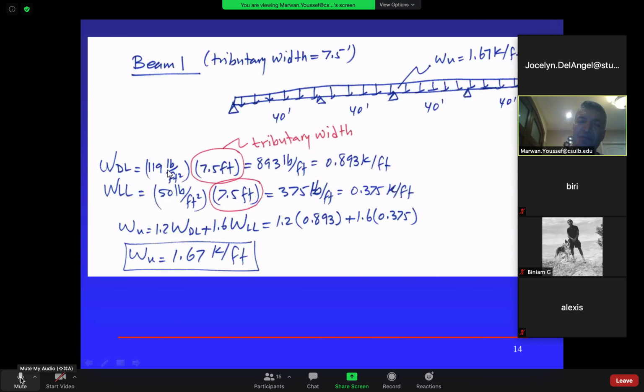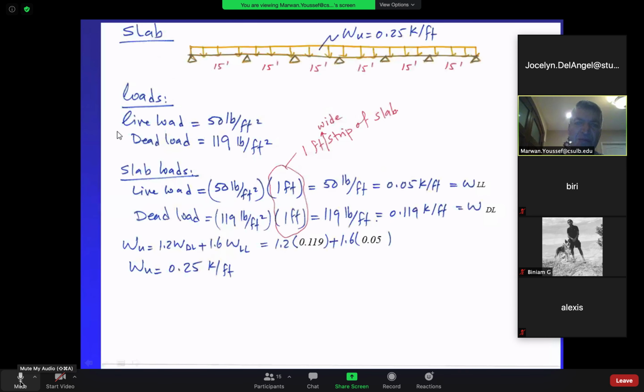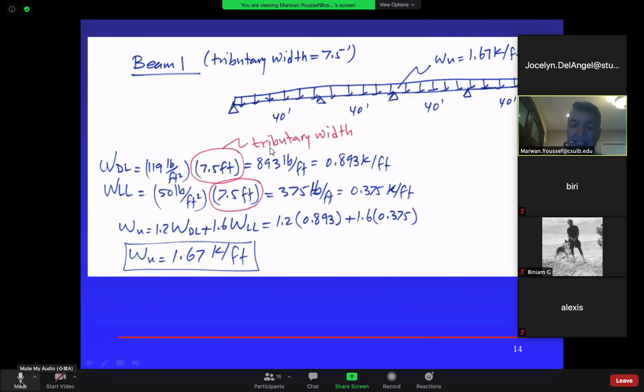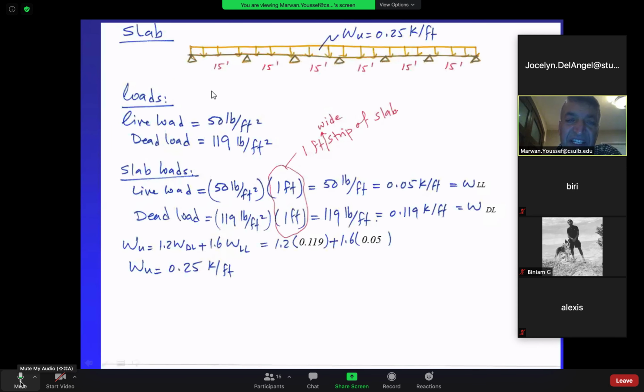See that? Because remember we did the same one, 119. So it's already here. I need to put it on the slab so I can later on design the steel for the slab, how much rebars I need. Does that make sense?